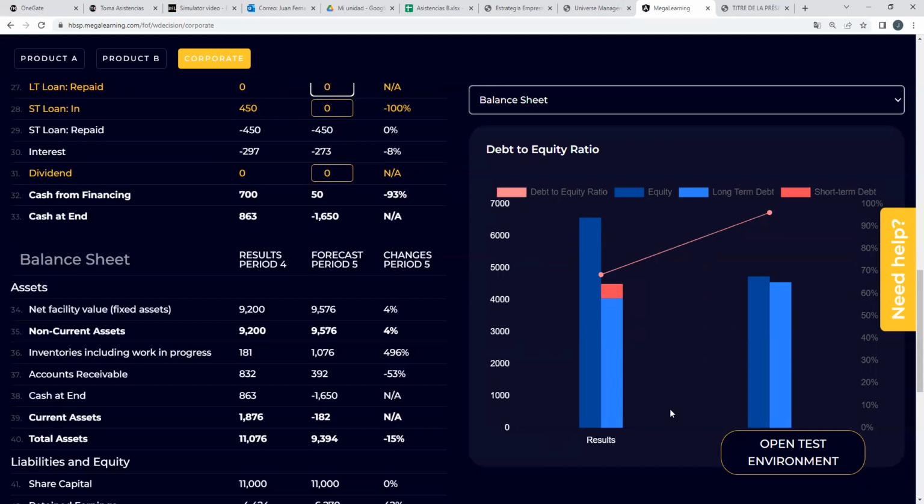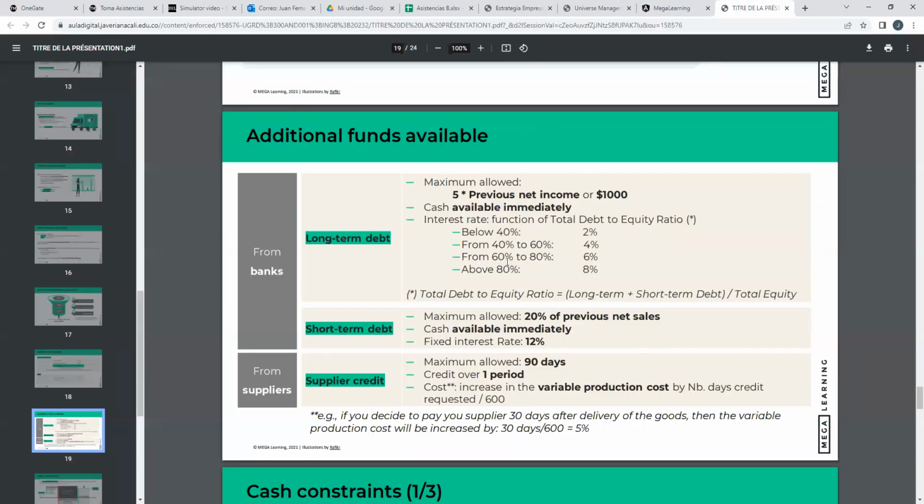So if you are going to calculate the ratio, you are receiving the company with a 68% debt to equity ratio. Okay? So the company is paying in this range, 6% of interest.